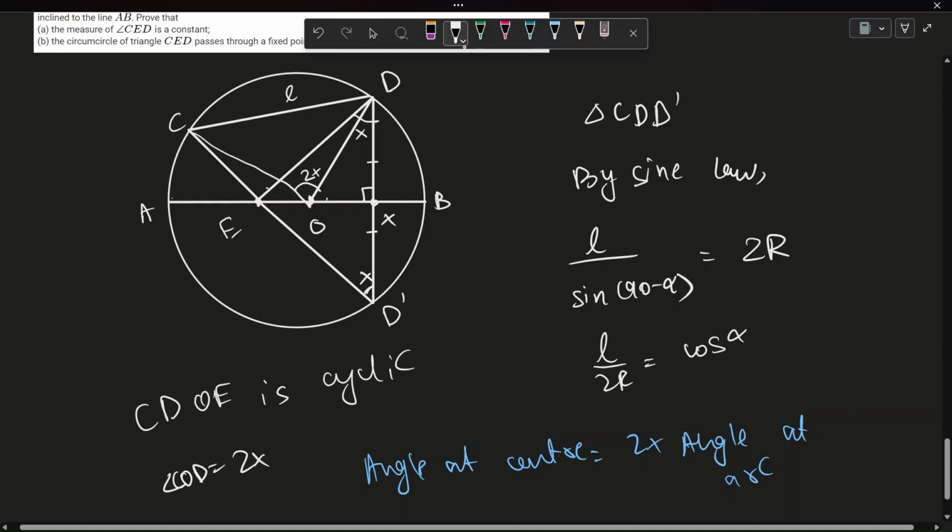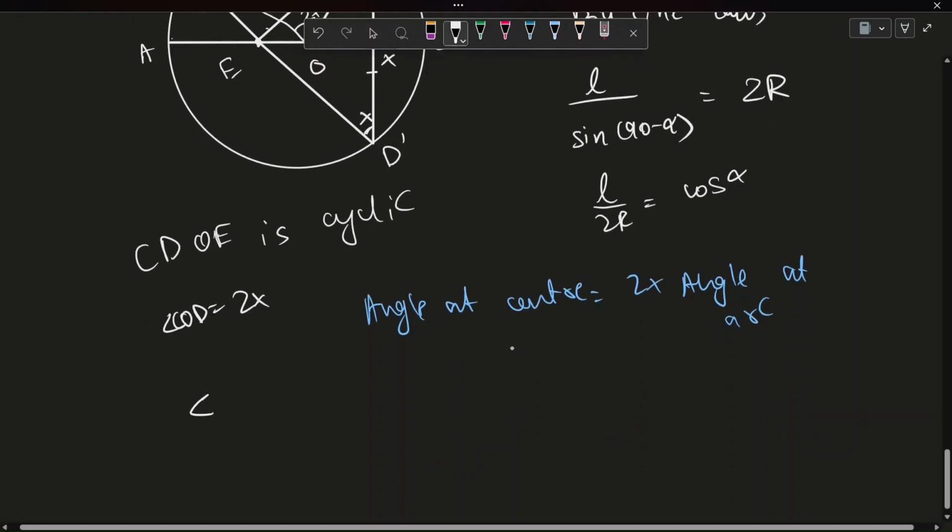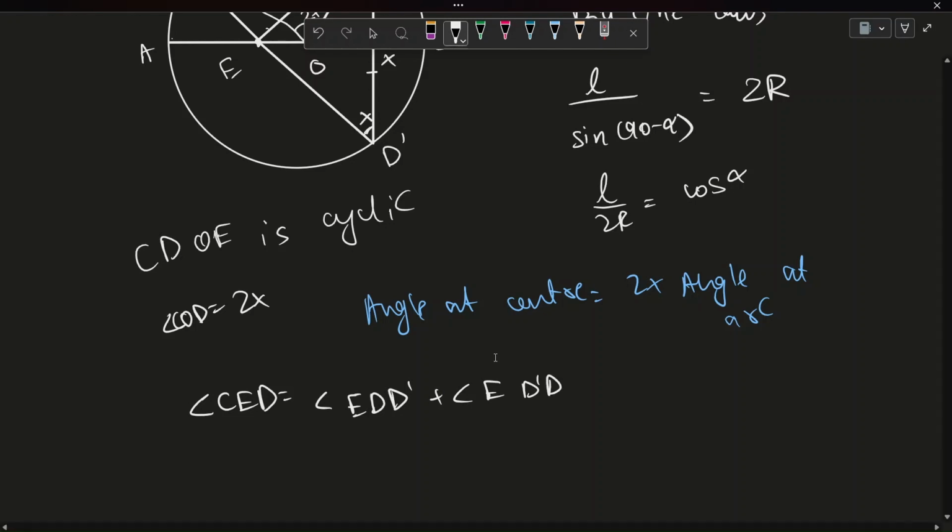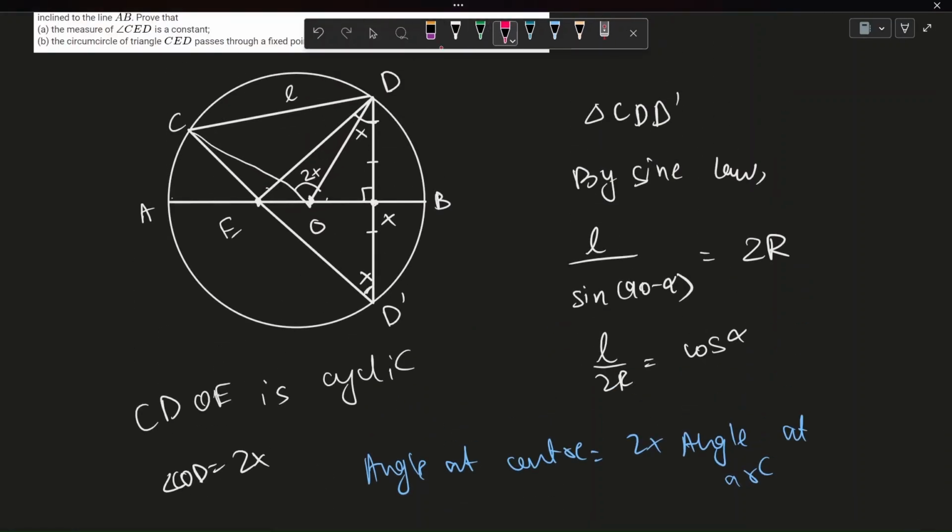And also notice that angle CED is equal to angle EDD dash plus angle ED dash D. So this red angle here is equal to the sum of these two angles.